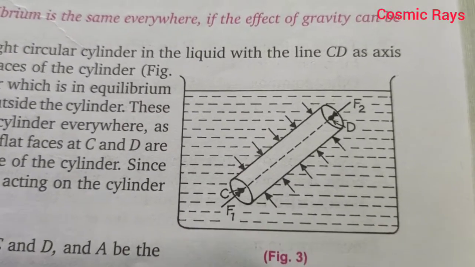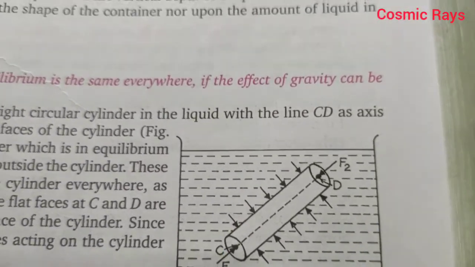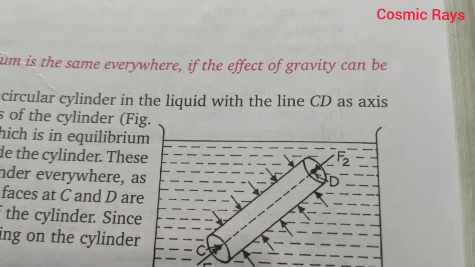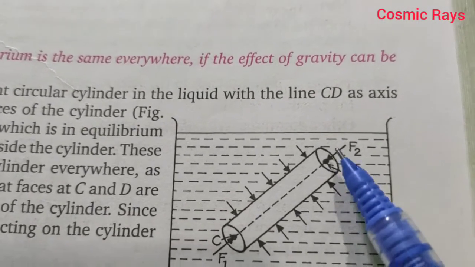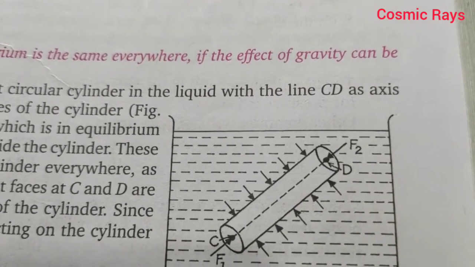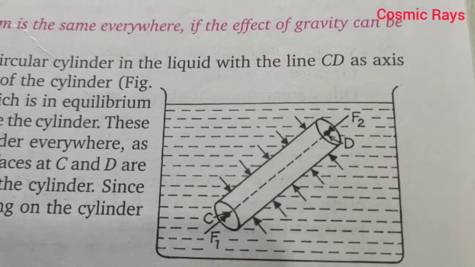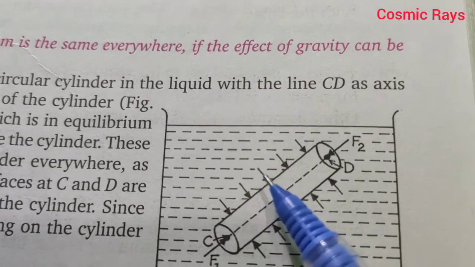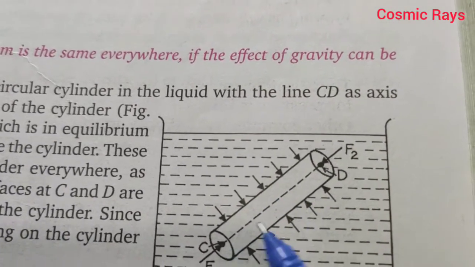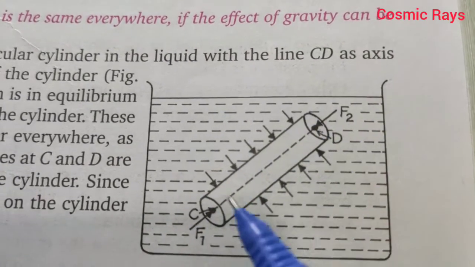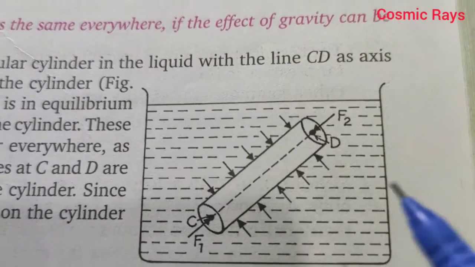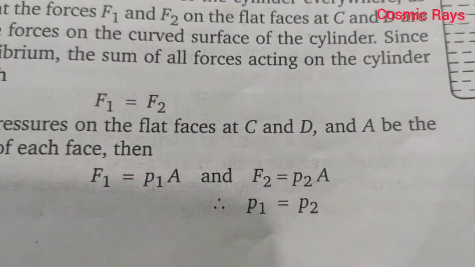So if we see this figure, what Pascal's law tells us is the pressure which is applied on a small part of the body in a liquid will be equally transmitted all over. Okay, the exact statement will come to it. Before that, let's understand the mathematical part.